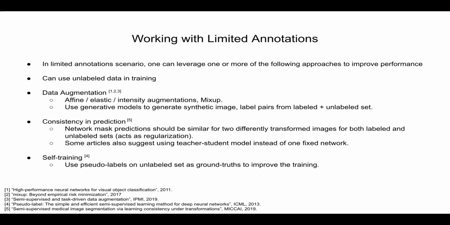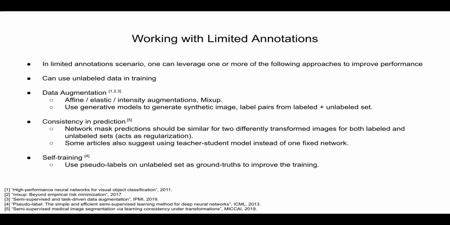The second one is consistency in prediction. So the idea here is that irrespective of the transformations you apply on the input image, the network prediction should be similar. And this acts as a regularization for your network training. And some articles also suggest that you would want to use a teacher-student model instead of one fixed network here.